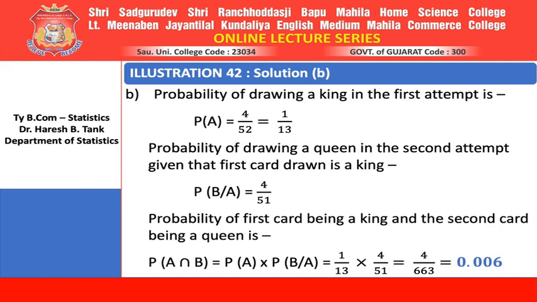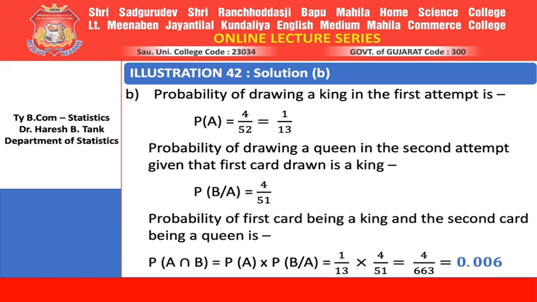Let us see second. Probability of drawing a king in the first attempt. Just now we have seen it is 4 by 52. Probability of drawing a queen in the second attempt. Look, queen. Number of queens remains 4. But one card is drawn out, so total number of cards will be 51.